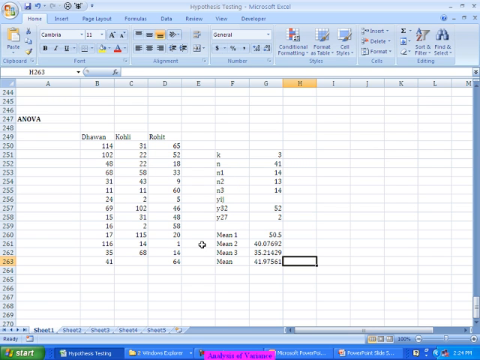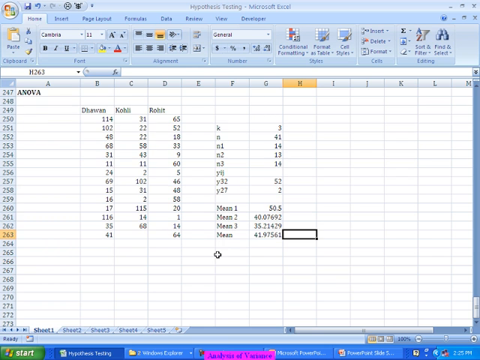So this is one aspect of our calculation. We find out the average in this kind of model. We find out individual averages, individual means, as well as the overall mean of the entire data. Apart from that, we also compute what is called the treatment effect.